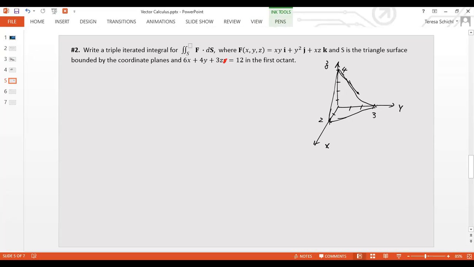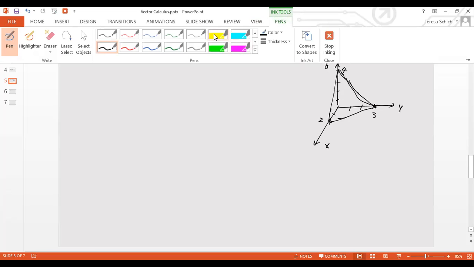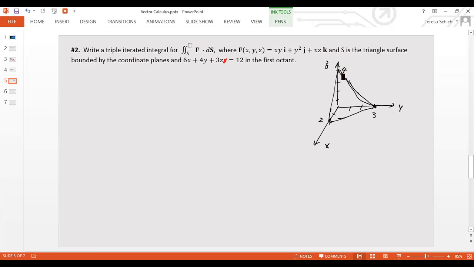Okay, so this is the triangle here. Be careful of the wording here. They said S is the triangle surface bounded by the coordinate planes and this plane. So basically you have this surface bounded by the coordinate planes, and it really is the surface of this solid, the solid tetrahedron. So how do I interpret that? Let's say E is the solid, right?